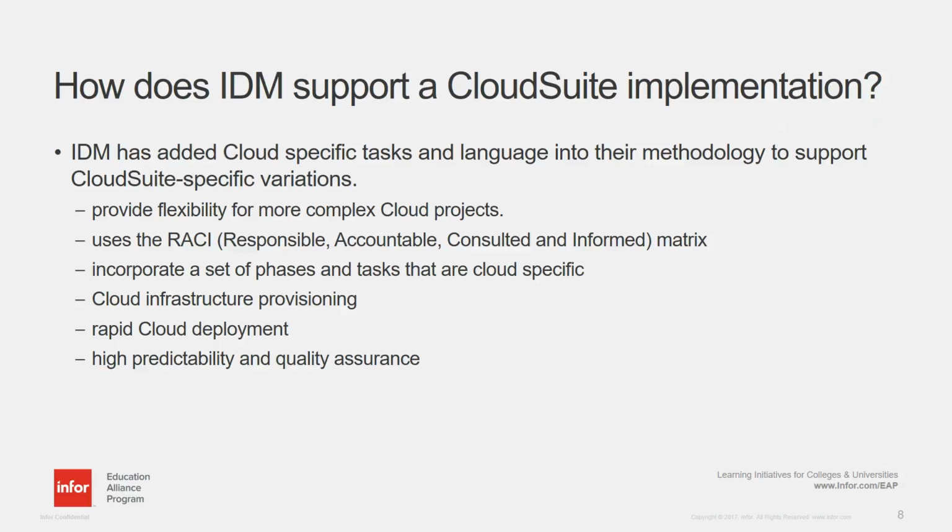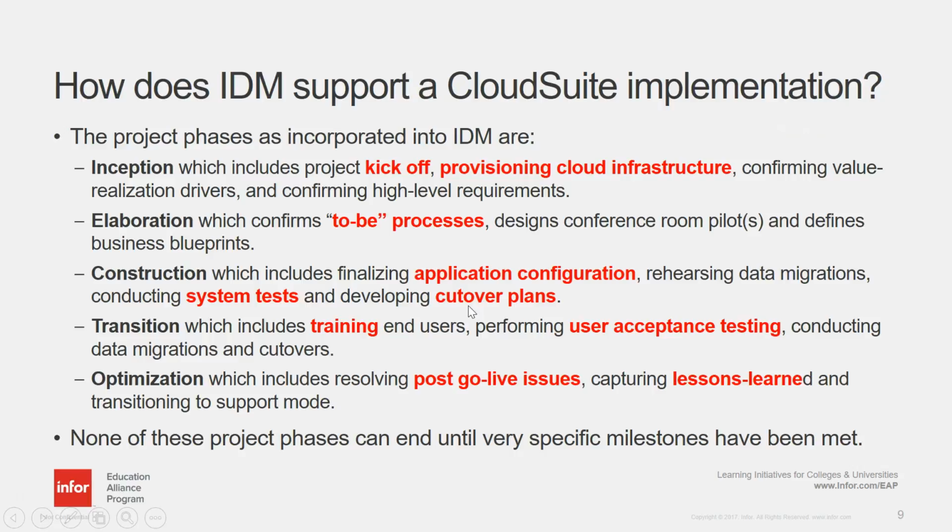It uses something called the responsible, accountable, consulted, and informed matrix, also known as RACI. And that matrix incorporates a set of phases and tasks. Cloud specific, you have infrastructure provisioning specifically for the cloud. You have rapid cloud deployment. It is highly predictable, and it has a great deal of quality assurance built into the project.